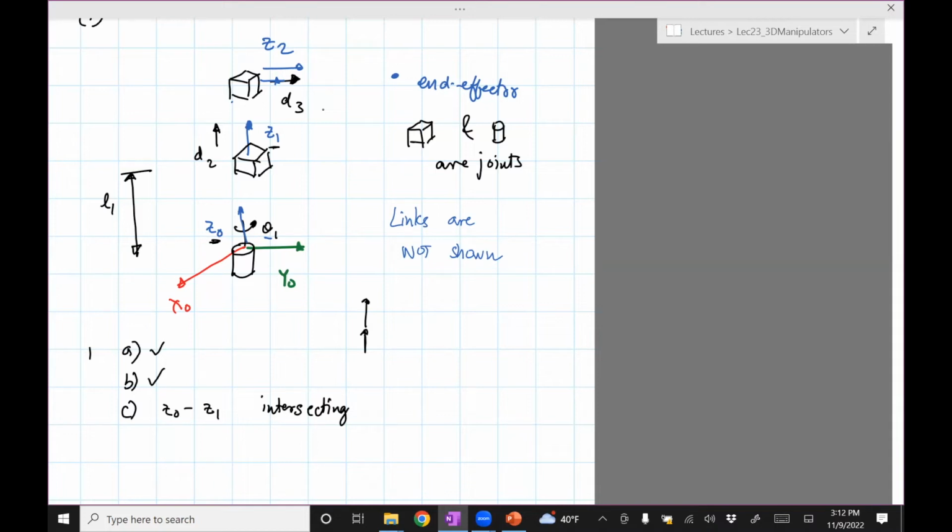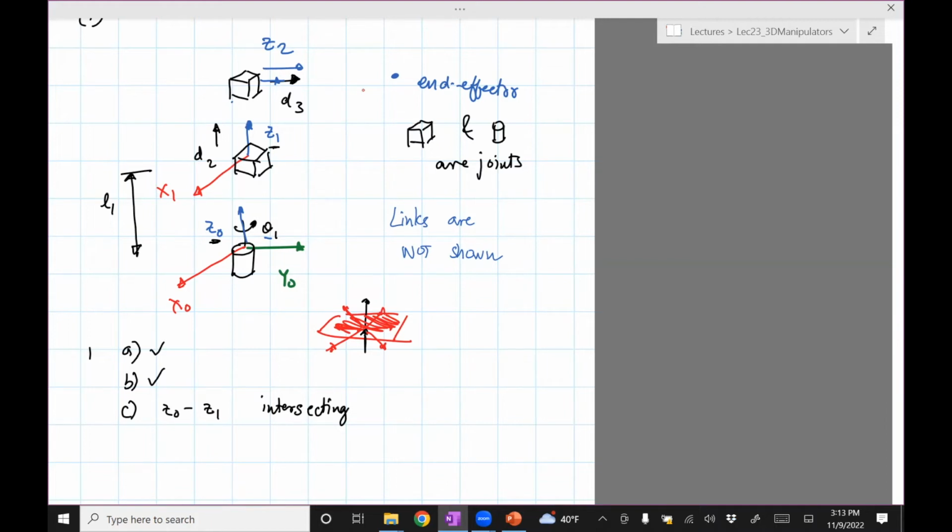When I say right angles, there are infinitely many right angle directions. This is a plane which is at right angles to the axis, and you can choose any Xi. Xi could be in any direction. It's up to you. What I did was I chose this direction, which is very arbitrary. It doesn't have to be this. It can be any direction in this plane perpendicular to Z0 and Z1. Okay, now we got X1.